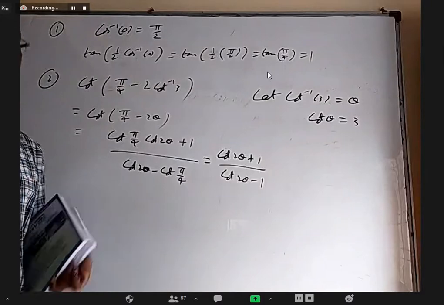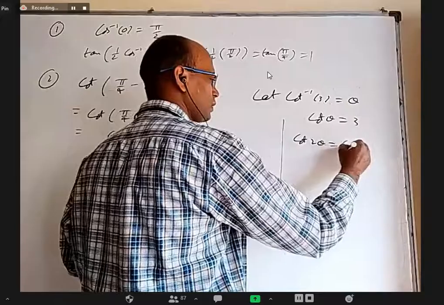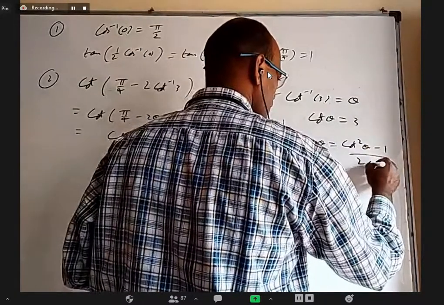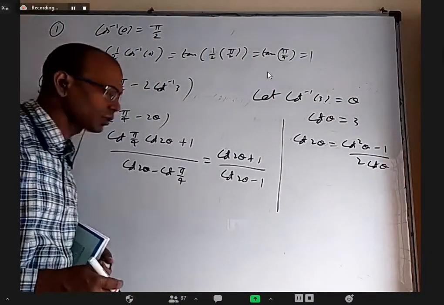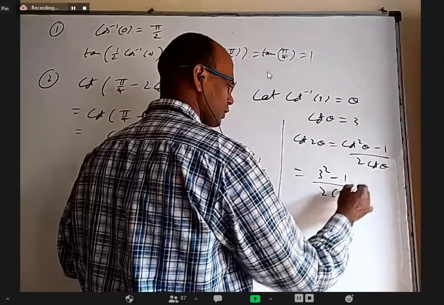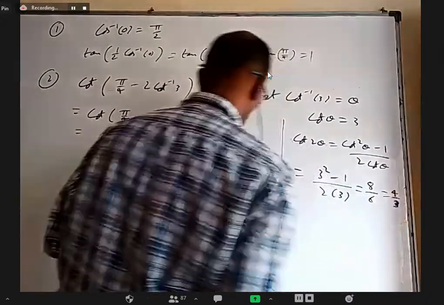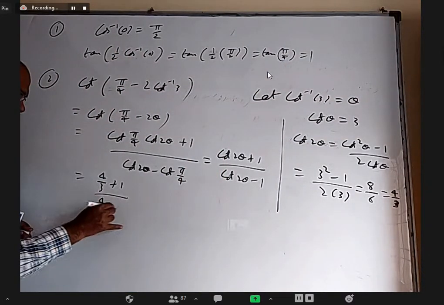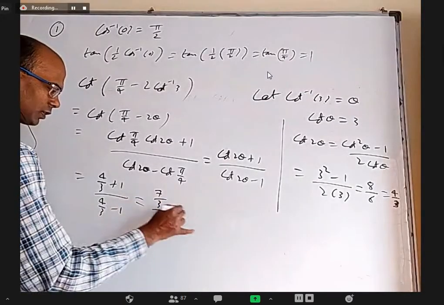Now what is left is to find cot 2 theta. Cot 2 theta formula is cot square theta minus 1 by 2 cot theta, from cot A plus B is cot A cot B minus 1 by cot A plus cot B. So that is 3 square minus 1 by 2 into 3, 8 by 6, which is 4 by 3. So this is 4 by 3 plus 1 by 4 by 3 minus 1, which is 7 by 3 by 1 by 3, which is 7.